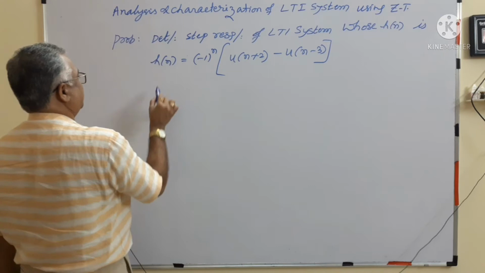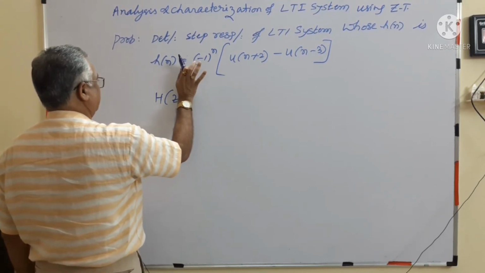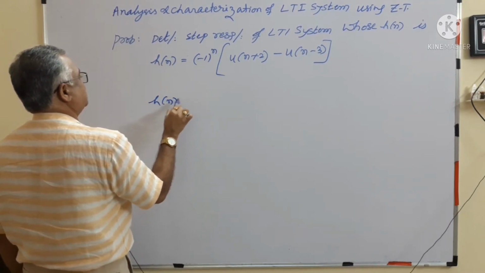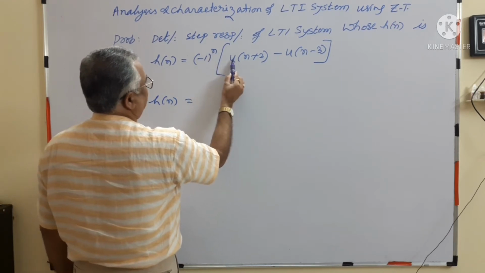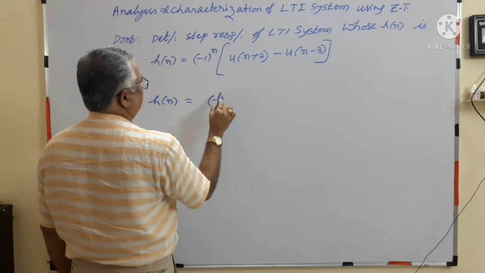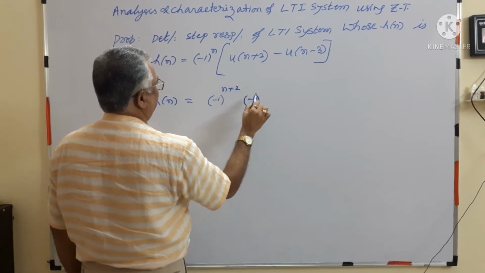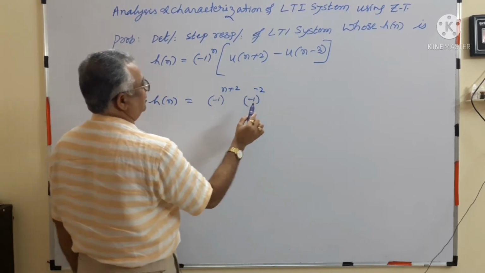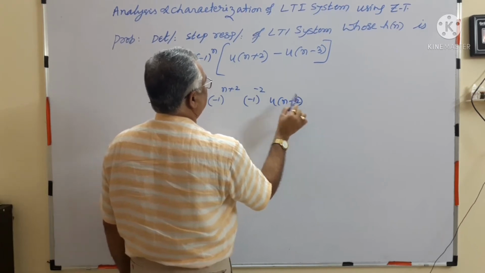So when h(n) is given, immediately go for H(z). Or before you find H(z), rewrite h(n) here: (minus 1) to the power of n, u(n plus 2). So (minus 1) to the power of n plus 2, times (minus 1) to the power of minus 2. Here plus 2 and minus 2 cancel, then u(n plus 2).